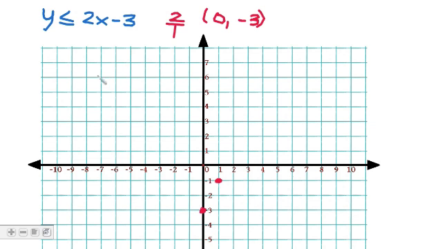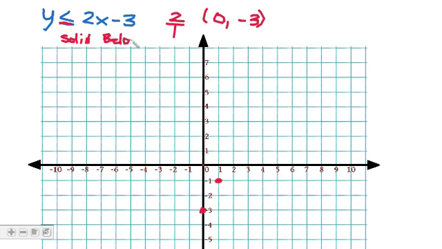Now let's look here at our problem. Are we going to draw a solid line or a dashed line? Well, we have an equal to, which means we're going to get a solid line. Now, is the shading going to be above the line or below the line? Well, this is less than. So if it's less, then it needs to go below.